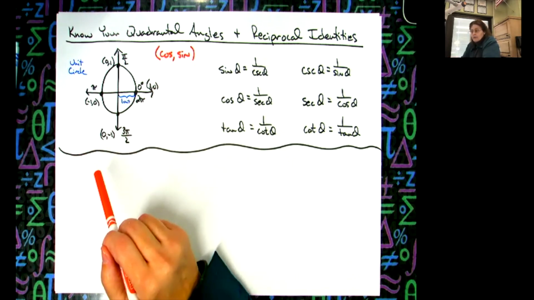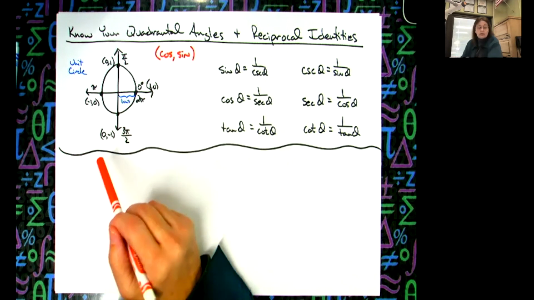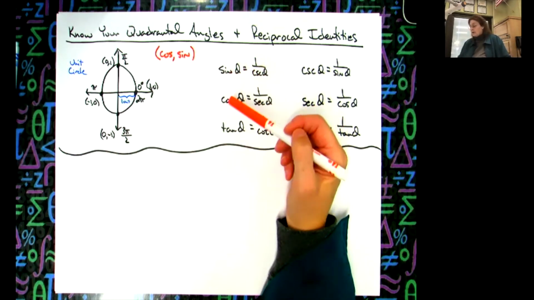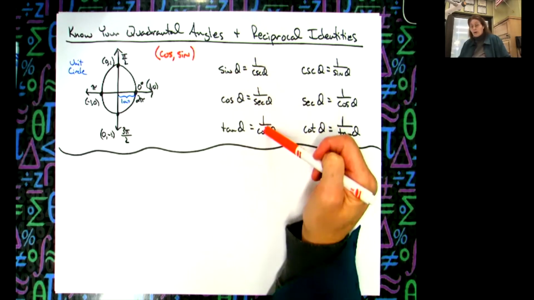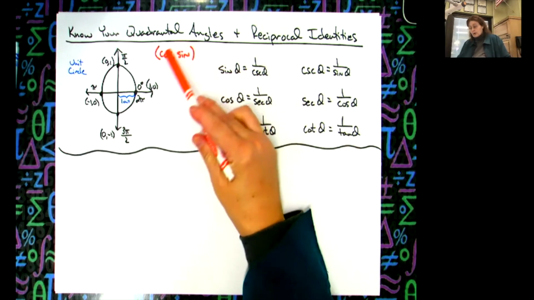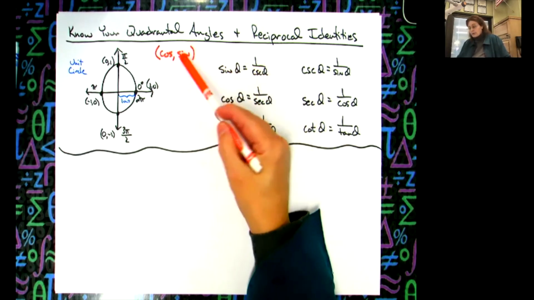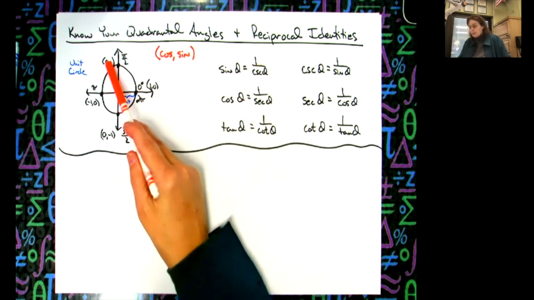How did we define them based on the unit circle? We said that sine was y, cosine was x. So when we were doing y and x and y over x, that's the same thing right here. Sine is the y coordinate. Cosine is the x coordinate of an ordered pair.